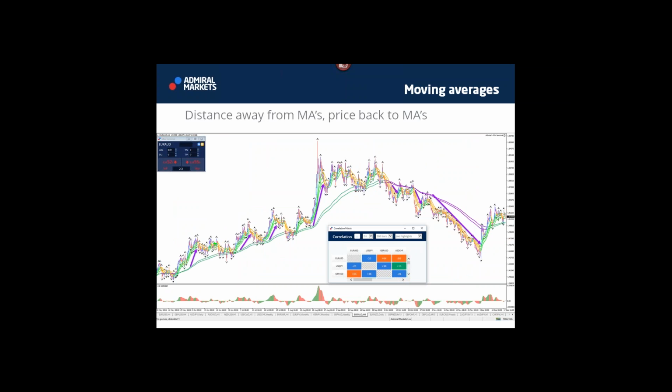Or if price is moving back to this short-term moving average, even if it's moving away from it, we can use trend lines, and that's the next topic, to understand where the resistance could be. Because with moving averages, obviously, we're looking for price to go back to the average, and we're looking for bounces and continuations in that trend.